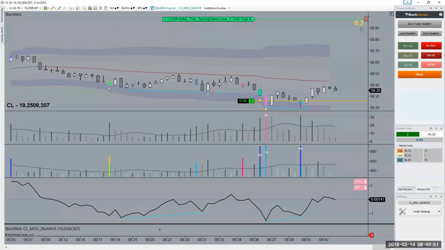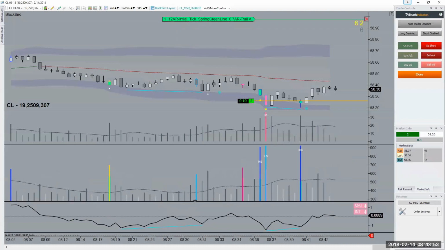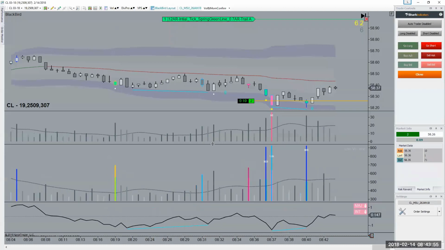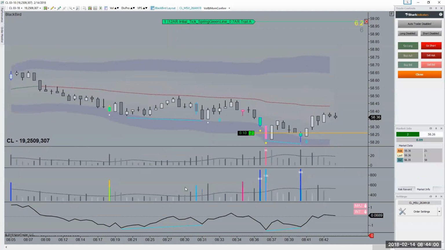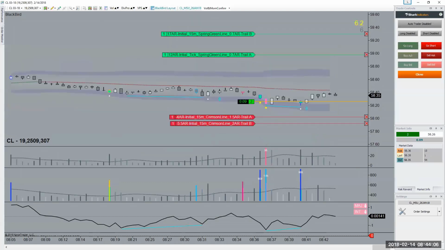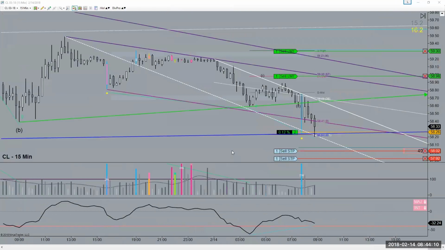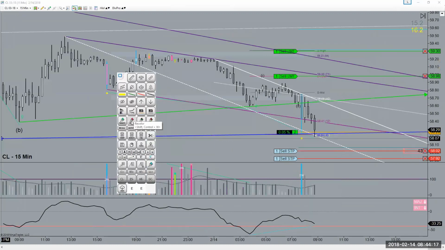So it could be a big one. It's at least had a little bit of a reaction out of there. What happens from here, I don't know. But I don't need to have that big of a stop on it, that's for sure. That's plenty big enough.